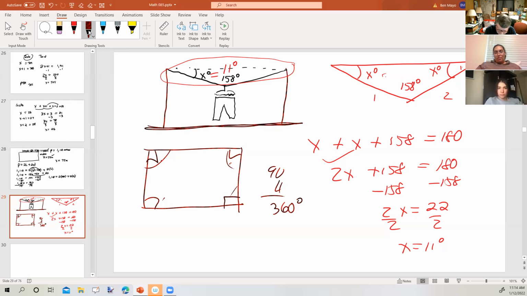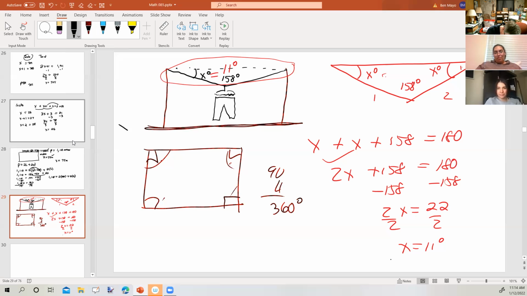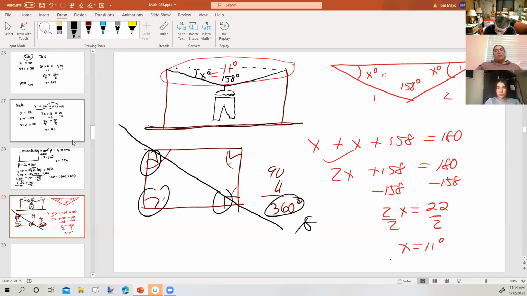Well, what does that have to do with anything? If you cut that rectangle in half and make a triangle, wouldn't you have half of the 360? And there's your 180. That's kind of a long way about going about it, but you think about a right angle is 90 degrees, a square or rectangle has four of those, 360, half of that.